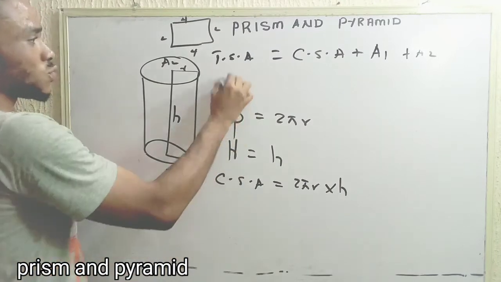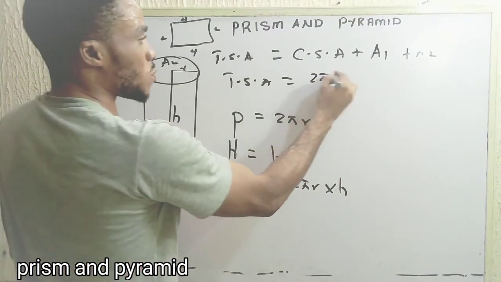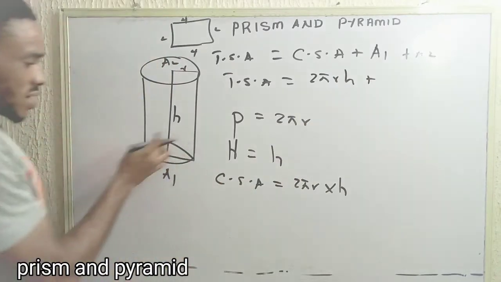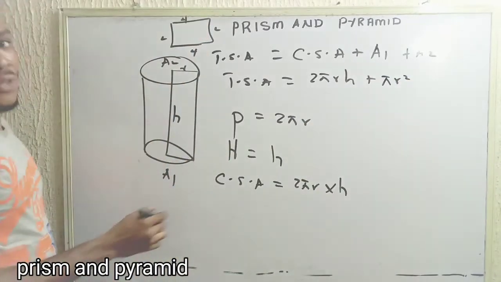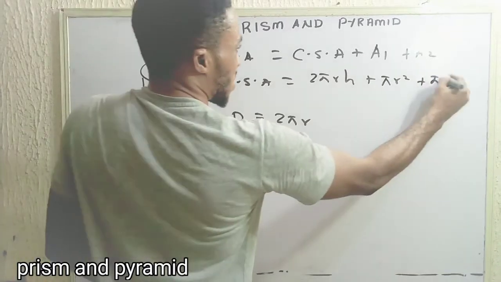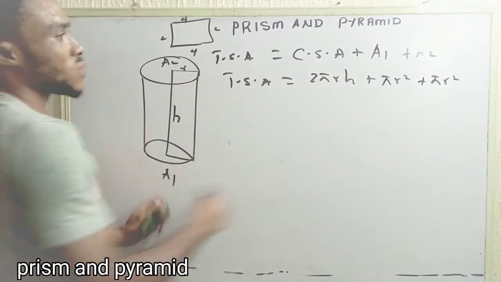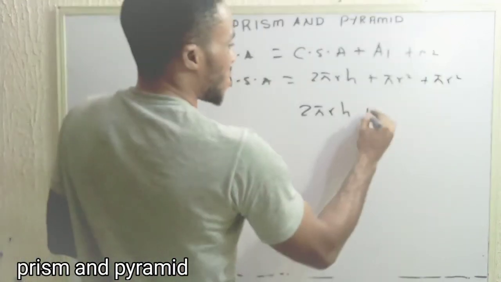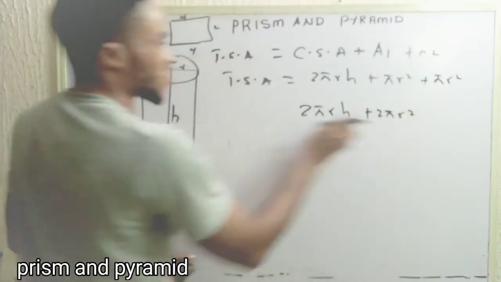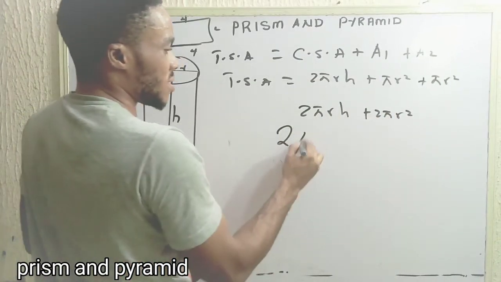So if that is true, the total surface area of every prism will be given as 2 pi r h plus area of the bottom, which is pi r squared. Area of the top will be given as another pi r squared. Now, be that as it may, I will simplify further. I have 2 pi r h, this plus this, I have 2 pi r squared. Factorizing what is common, 2 is here, 2 is here, bring it out. Pi is here, bring it out.